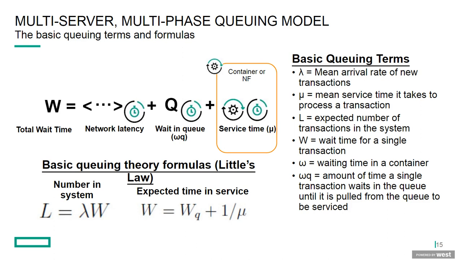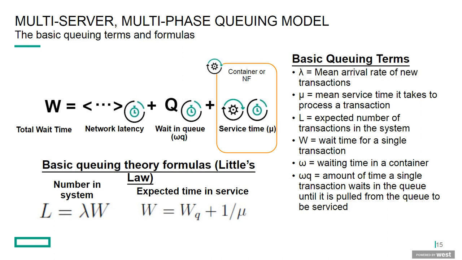These basic queuing terms used in these formulas are typically represented by Greek letters. So the Greek letter lambda represents the mean arrival rate of new transactions over a given period of time. The Greek letter mu represents the mean service rate for a single transaction. L represents the expected number of transactions in the solution.